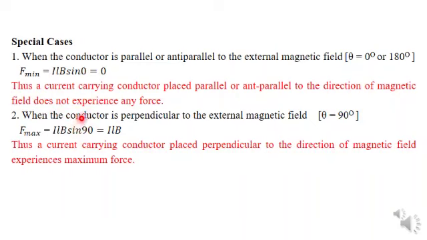So if sin theta is maximum, force is also maximum. Here, sin 90 means 1, which is the maximum value of the sine function. So here force is maximum, which is I L B. Thus, a current carrying conductor placed perpendicular to the direction of the magnetic field experiences maximum force.